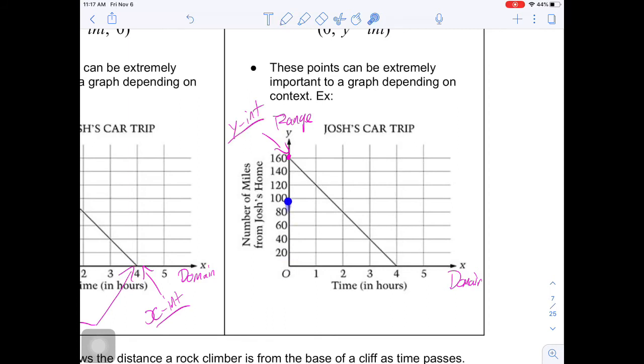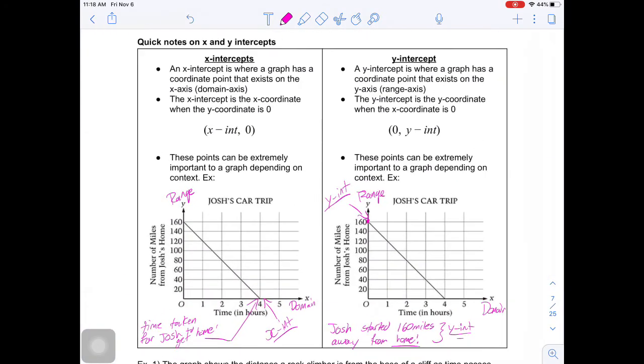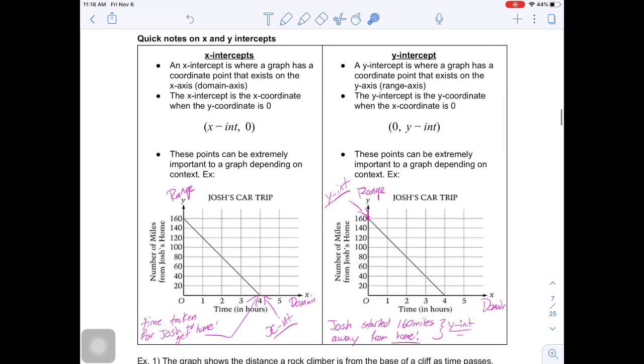Well, that represents the start of Josh's trip. It looks like Josh started off 160 miles away from home. So that is our y-intercept, and that's what our y-intercept represents. Okay, so it's really important to understand x and y-intercepts. This will follow you throughout the rest of math.